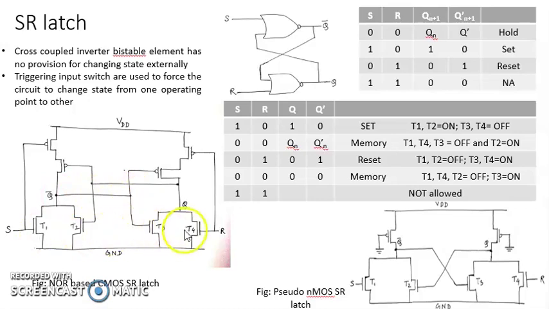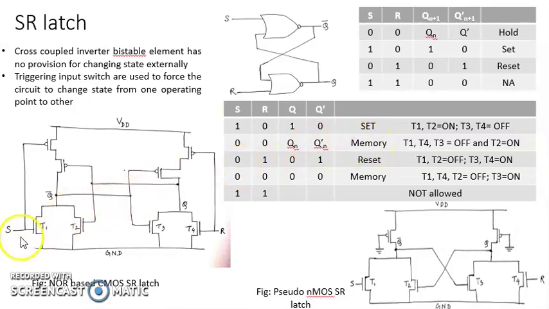So T1, T4, T3 all are off, only T2 is on. This will ensure that Q bar drops to 0. This is actually as in the previous state, Q bar is 0, and since these two transistors are off, this will remain at its high voltage. So as before, Q will remain high and Q bar will remain 0. The latch is remembering its previous state.